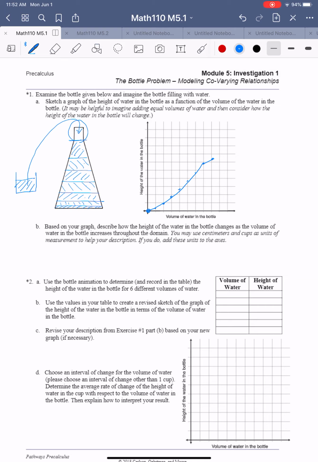Part B says, based on your graph, describe how the height of the water in the bottle changes as the volume of the water in the bottle increases through the domain.